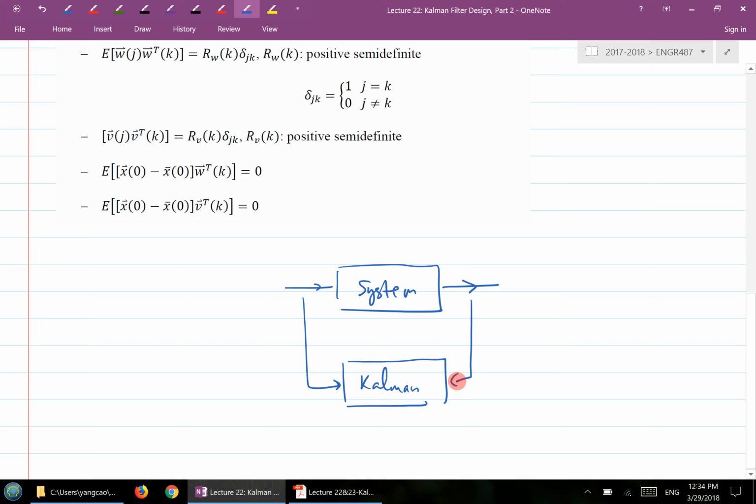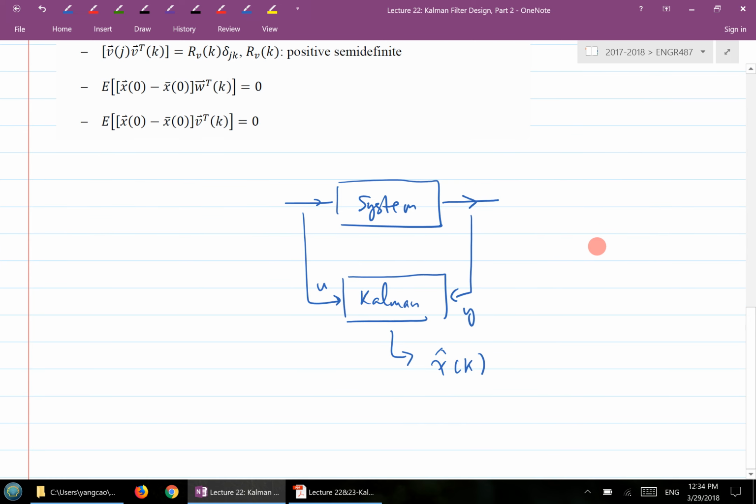You give your system U and Y, the output, to the observer, and we get an estimation of the system state, X hat. Typically the objective is X hat of k going to X of k, which guarantees that the estimation error goes to 0.